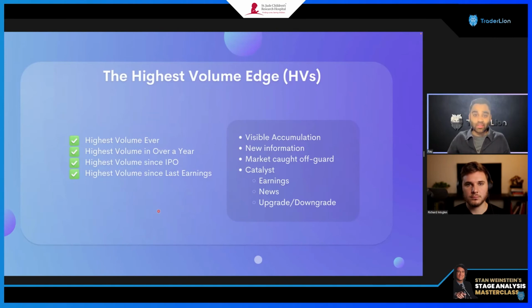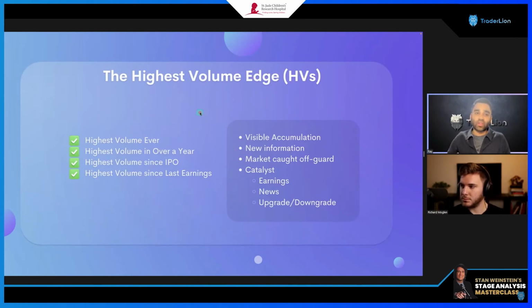And how did they come out of that? They exhibited this very particular characteristic: they had the highest volume since IPO. They reported earnings, there was some favorable news or something that caught the market off guard, or some new information that came out, and it was visible accumulation on the charts. It was so exciting that the institutions could not hide it, right?